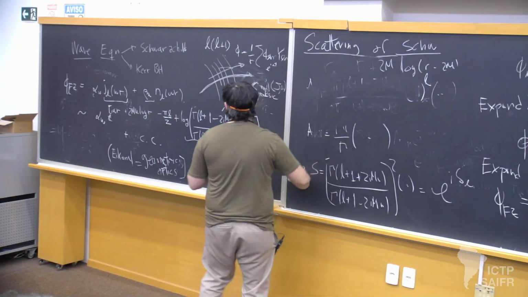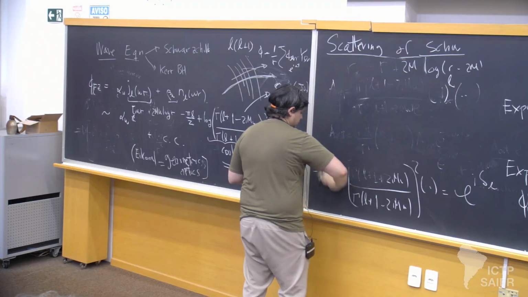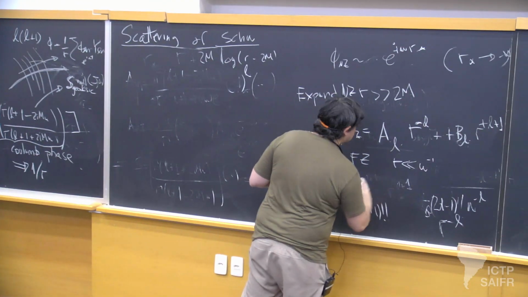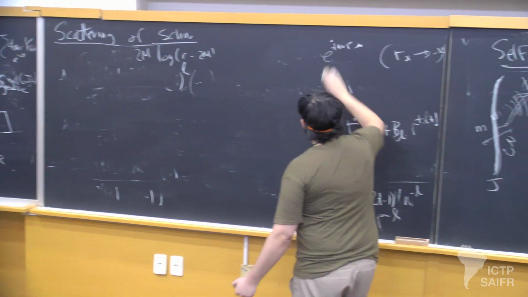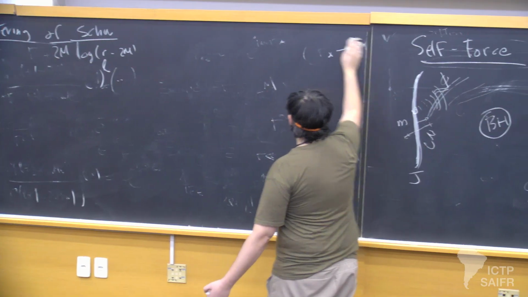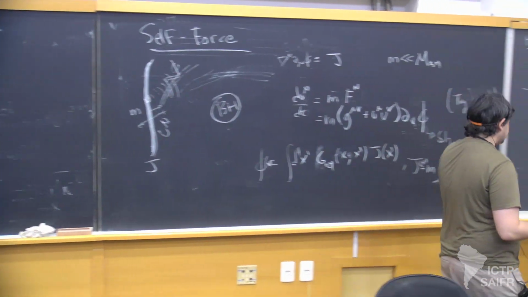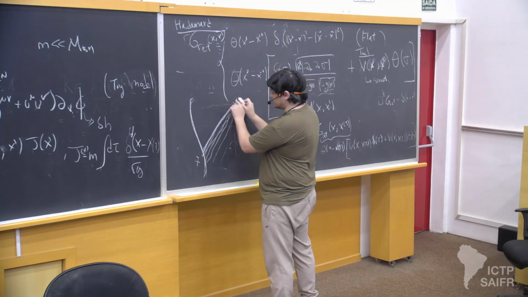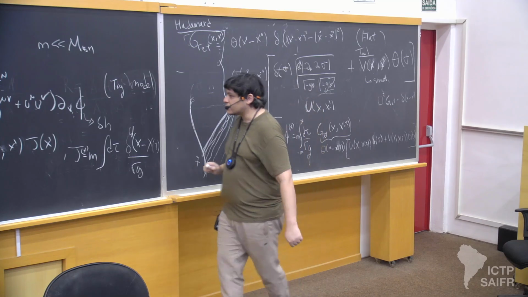Okay, so let me just summarize what we have done and what's next. What we did was solve for the retarded field. And from this expression, as usual, you can check more or less explicitly that when the observation point comes close to the source, there will be a divergence.